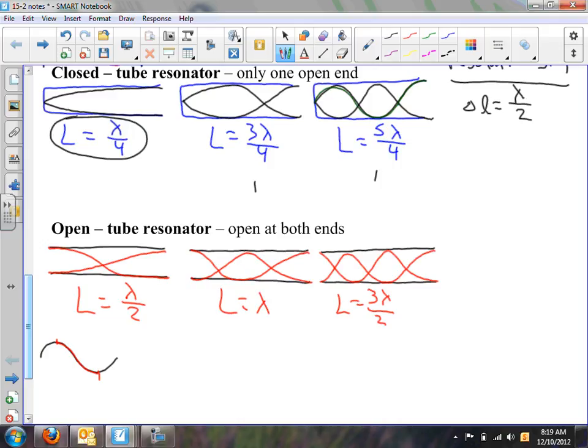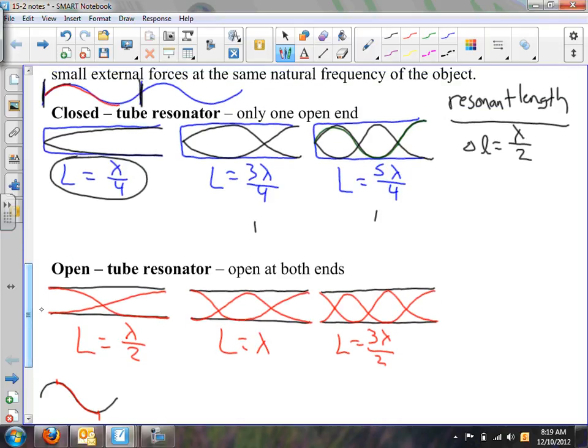So again, if I ask you, what is the spacing between resonances, or your resonant length, what's the change in length between places where it will get louder?